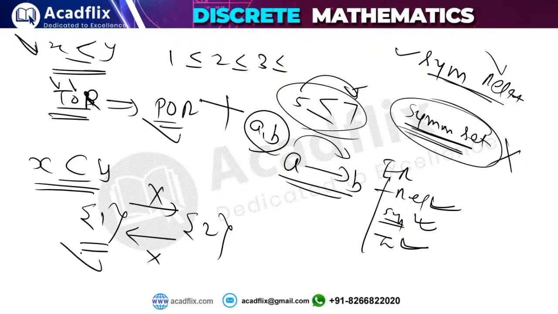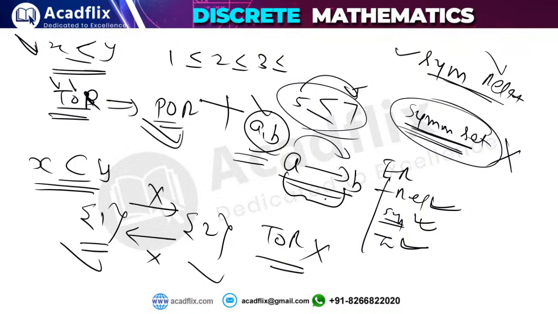That's why it is not a total order relation. Sukhpreet, is this clear? Very easy: first check partial order relation, then check that for every two elements a, b, a must be related to b.